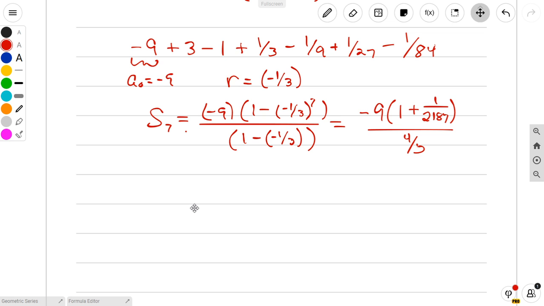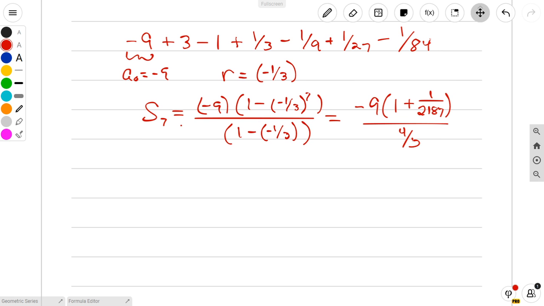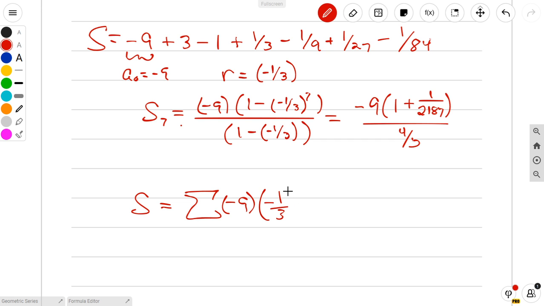Okay? In general, the series up here, if I was to give this series a name, S, this series would be equal to, in a summation formula, the sum of negative 9 times negative 1/3 to the nth power, with n starting at 0 and going up to 6.